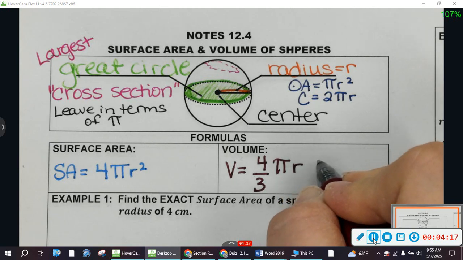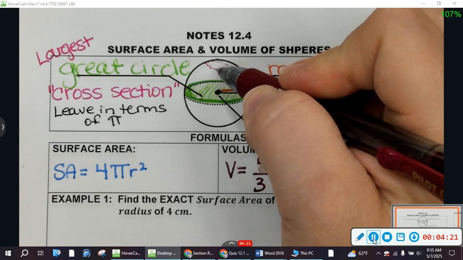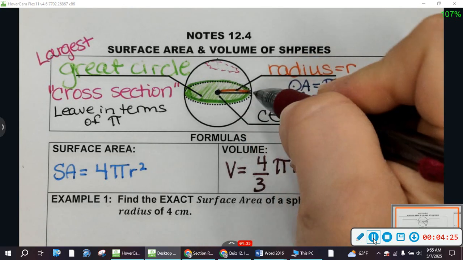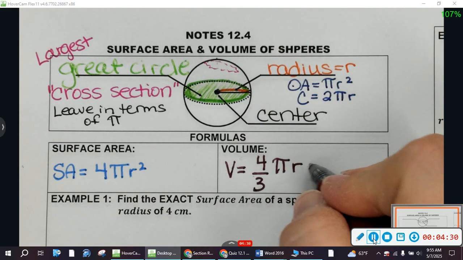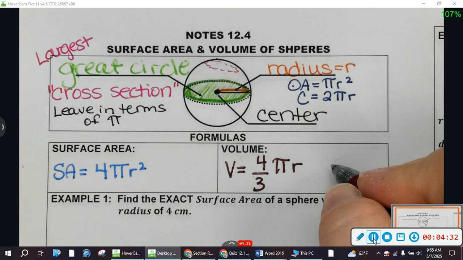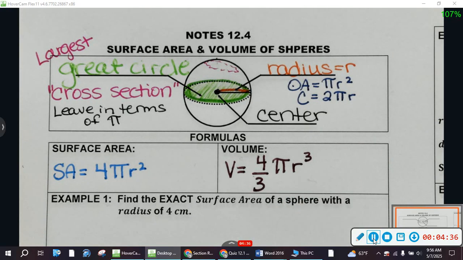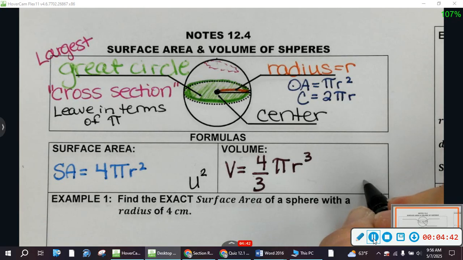But the height from the center to a point on that sphere is again a radius. So instead of r squared times another r for the height, we call it r cubed. And last, we've got our units. Units for surface area are squared, and units for volume are cubed.